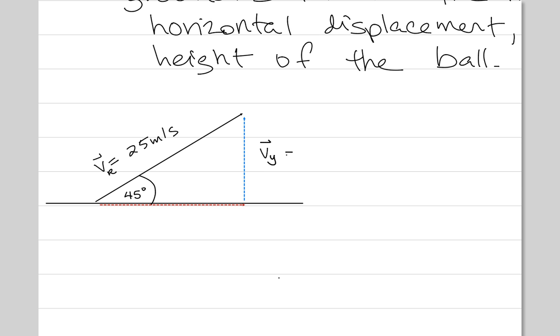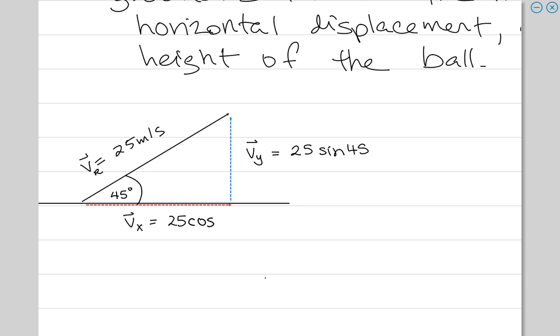So Vy is 25 sine 45. And if you're in my math class today, what do you expect these values to be? What do we know about the 45? Yep. So the vertical and the horizontal should be the what? Good. They should be the same, right?